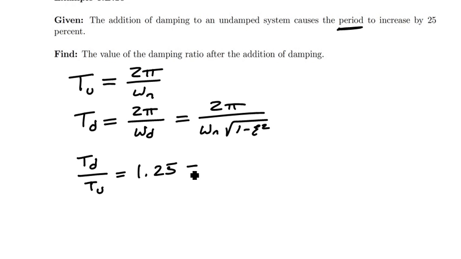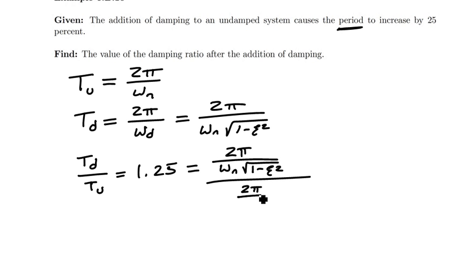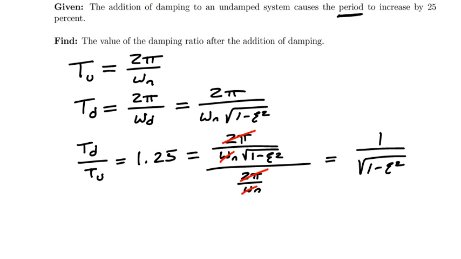I can go ahead then and substitute in Td, which is 2 pi over omega n times the square root of 1 minus zeta squared, and divide that by the undamped period, which is 2 pi over omega n. If I do this, of course the 2 pi in the numerator of each of these will cancel out, the omega n will cancel out, and I'll be left with 1 divided by the square root of 1 minus zeta squared. What does this mean?